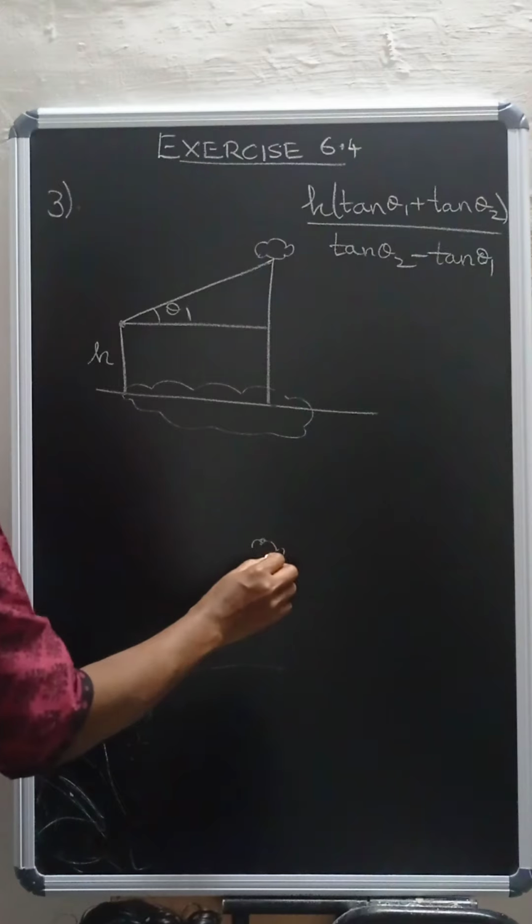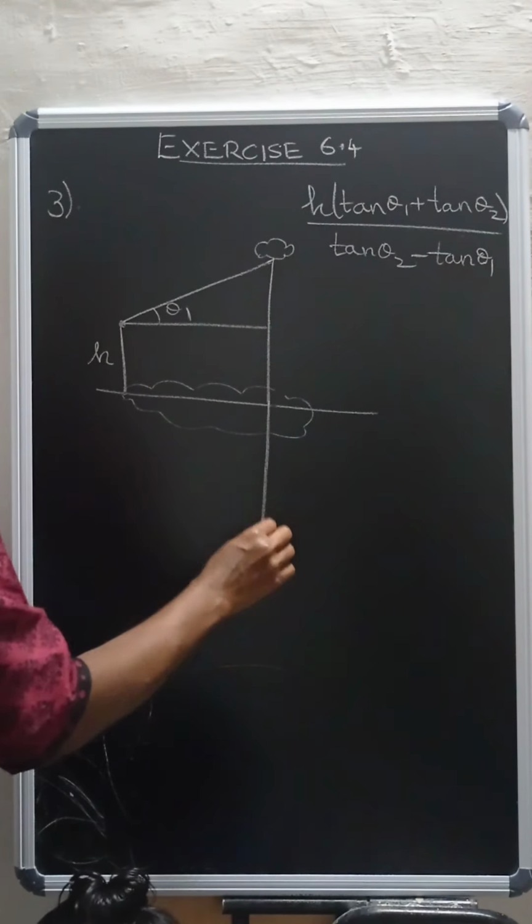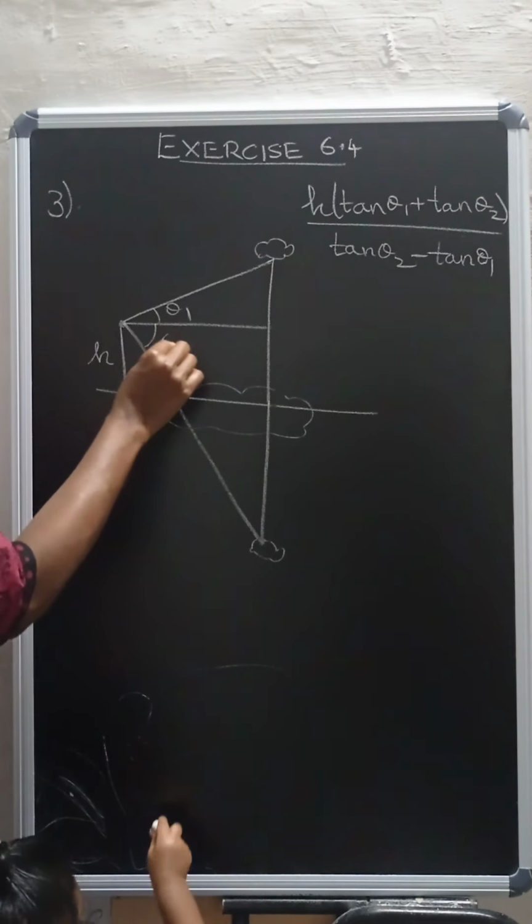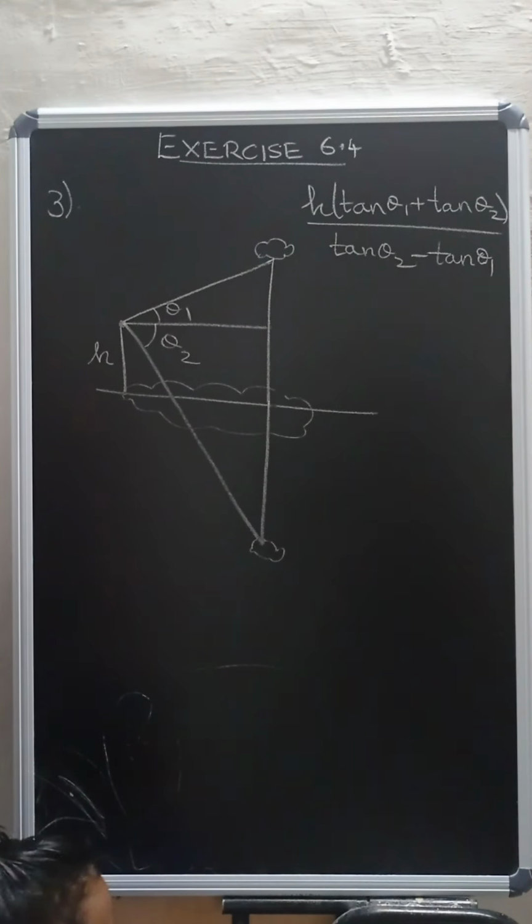So here will be the image of the cloud. Now this image is seen at the angle of depression theta 2.